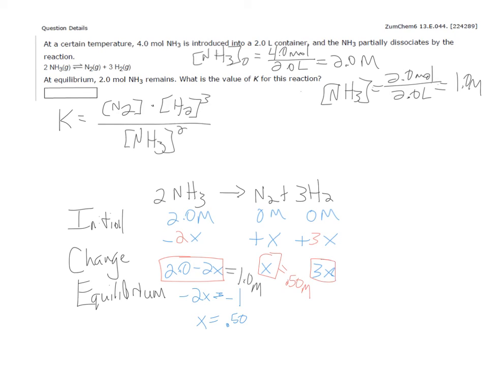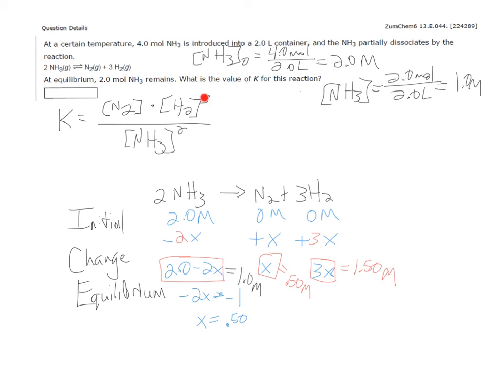And for H2, it's 3 times x. If x is 0.5, and H2 is 3 times that, that makes H2 1.5. We now have 3 equilibrium concentrations, 1 molar for NH3, 0.5 molar for N2, and 1.5 molar for H2.